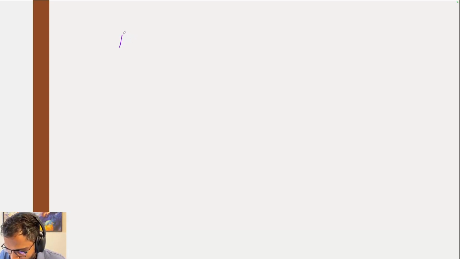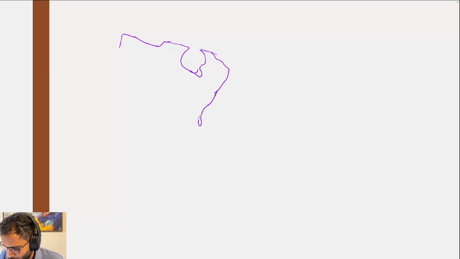So I started from the Alaska region, then I drew the Beaufort Sea, then I moved forward to draw Hudson Bay, and then we moved further to the Florida region and then the Gulf of Mexico, then this peninsula.